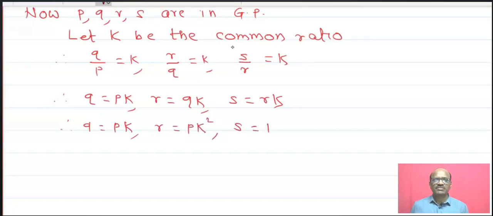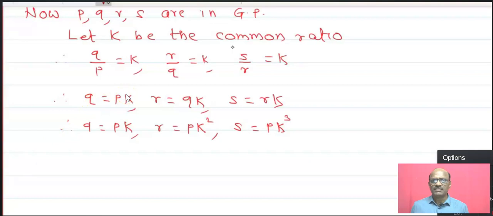Again, we will substitute the values here. Now, see this. Here r is equal to qk. We will substitute the value of q as pk into k, that is pk square. Next, s is equal to rk. The value of r is pk square into k, that is pk raised to 3.